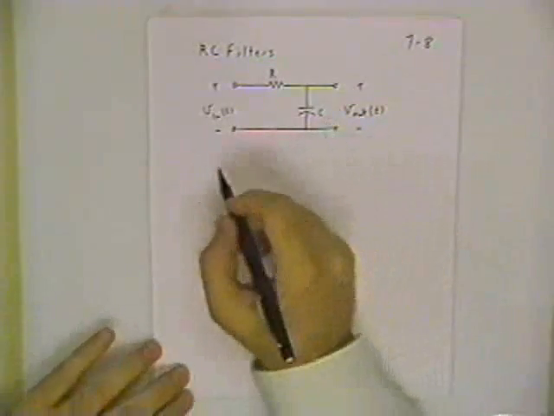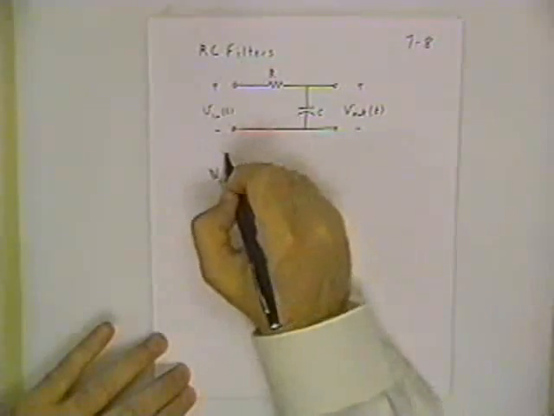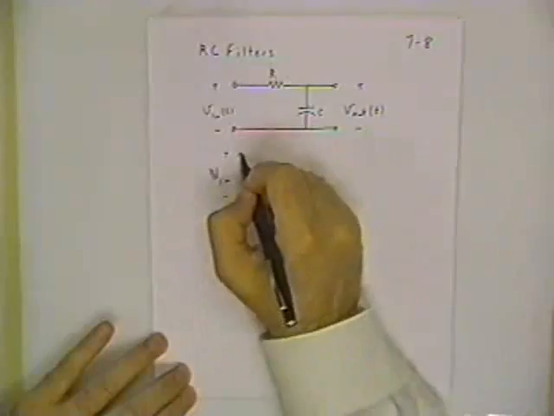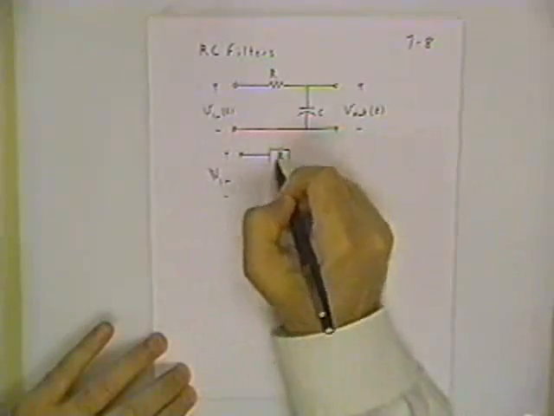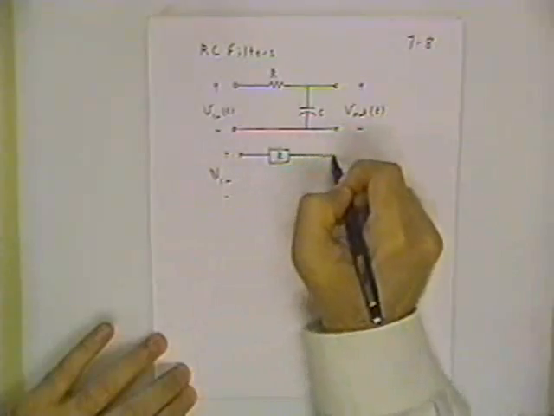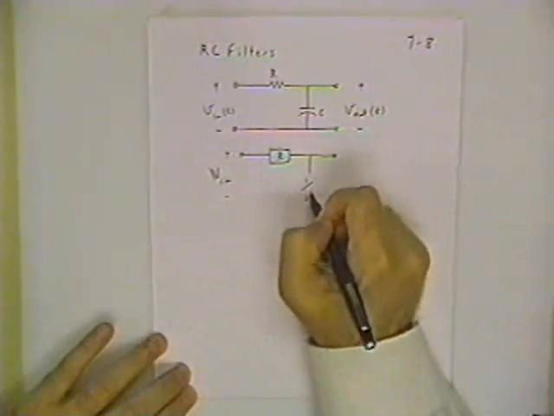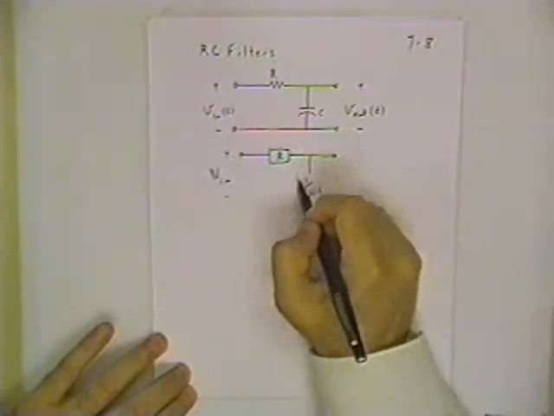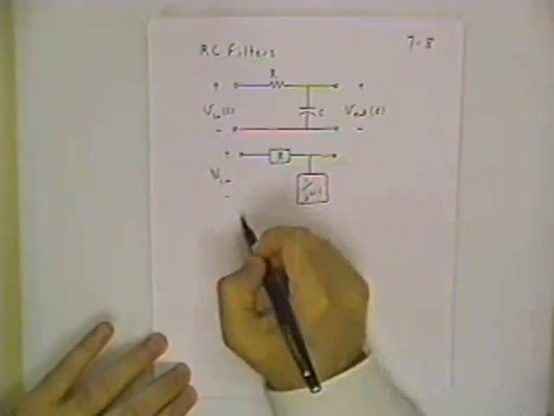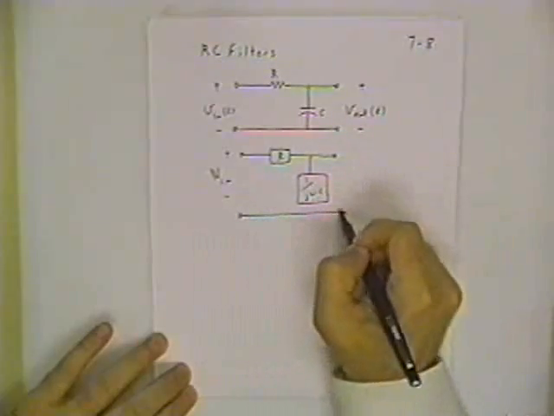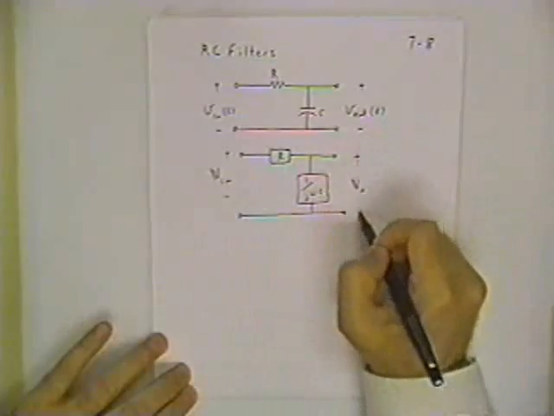Well, to figure this out, what I want to do is go over to the phasor form, V in. I have an impedance R, and an impedance for the capacitor, let me express that as 1 over j omega C. And now we have an output voltage.